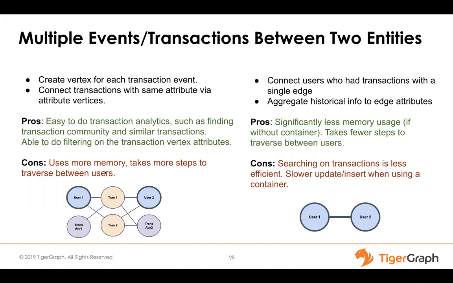However, the con is that it will use a lot more memory because we are creating a lot more edges and vertices to maintain the transaction vertices. And it takes 2 steps to traverse: given the sender, to get the receiver, we need to get to the transaction first and then to the receiver.